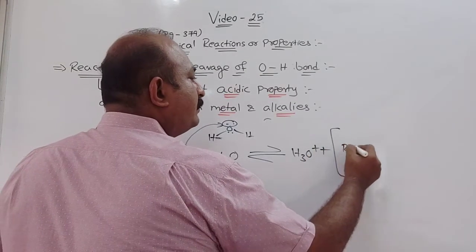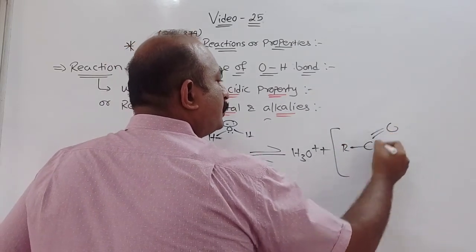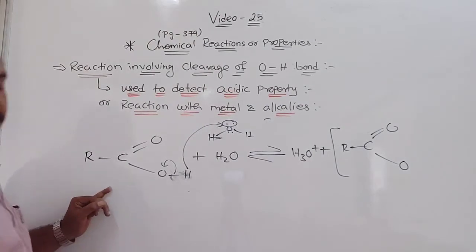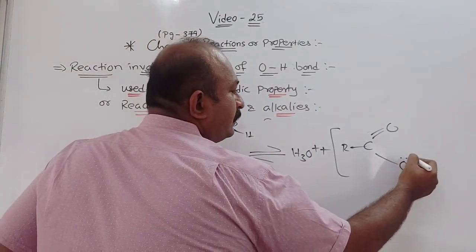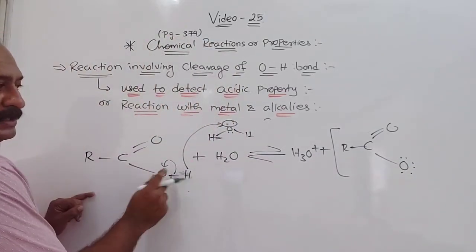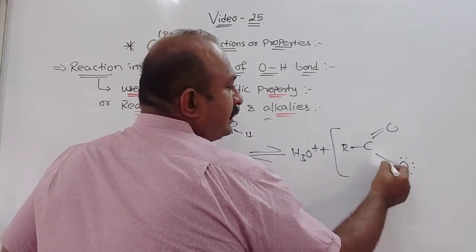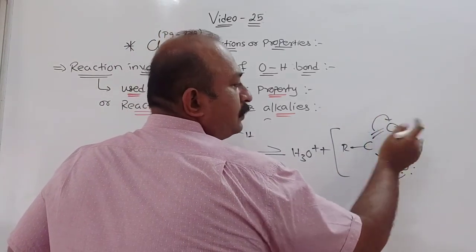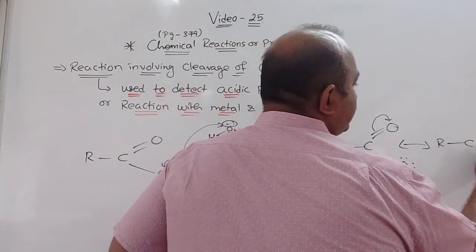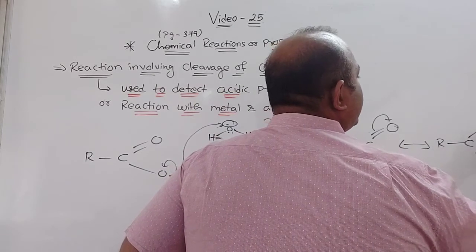They have given a resonance structure, RC double bond O and single bond O. For that we can show this electron pair, because here the oxygen has taken the electron pair. So this electron pair will go here, and for this resonance structure it will be RC double bond O and here single bond O with the minus sign.